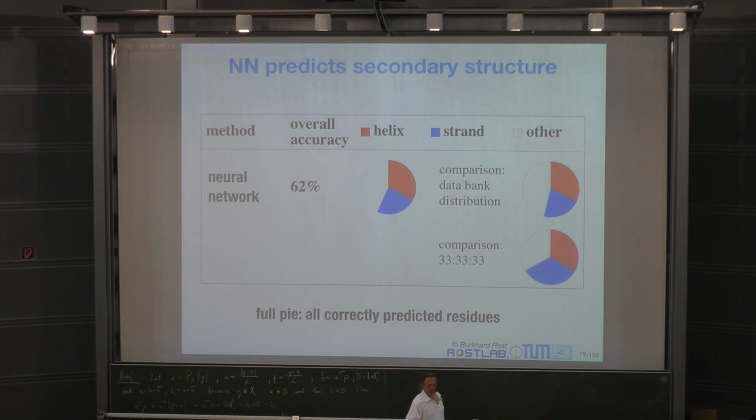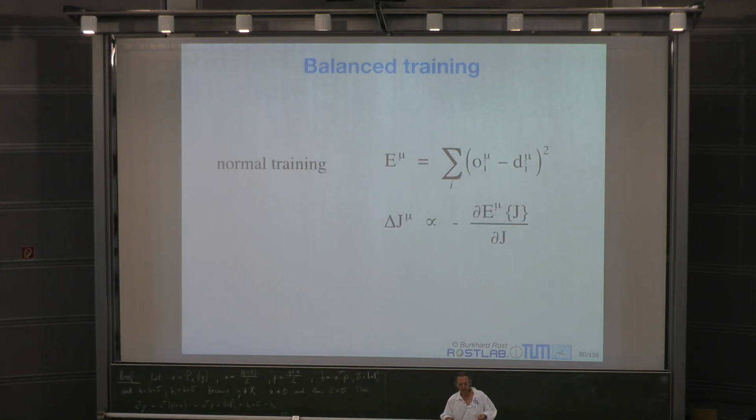How do we do that for the neural network? Well, essentially at every single training step, we present one example from helix, one example from strand, and one example from other. Which ultimately at the end of the day means we oversample strand. We oversample the smallest, in the sense we sample it more than it's actually in the database.